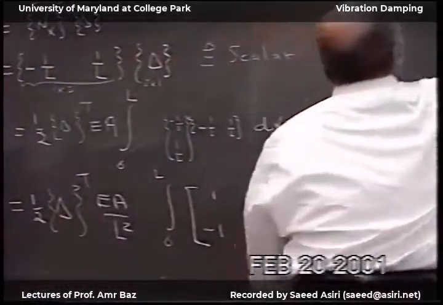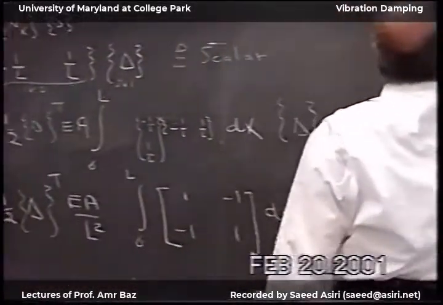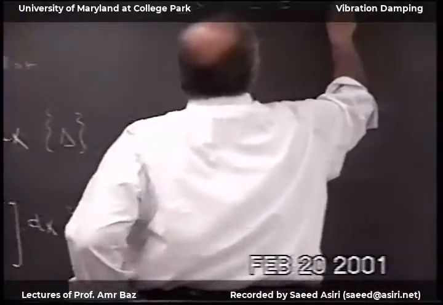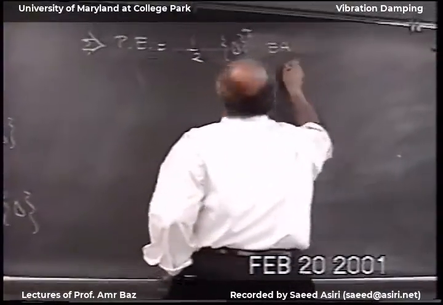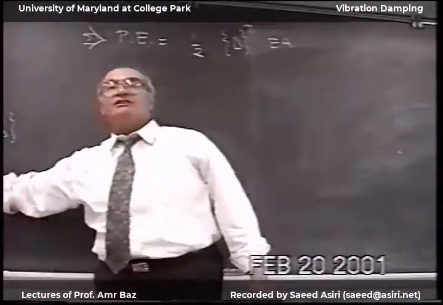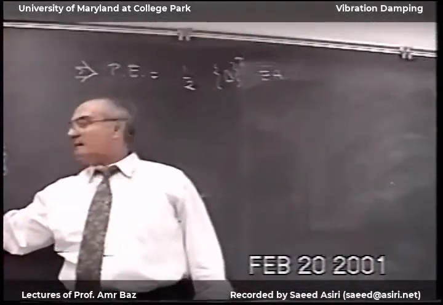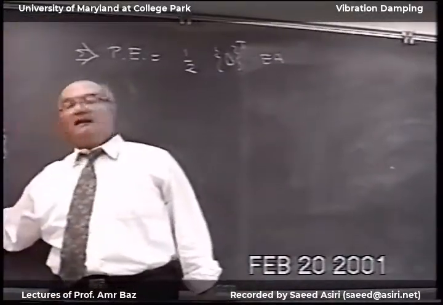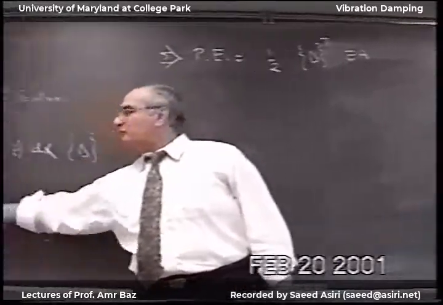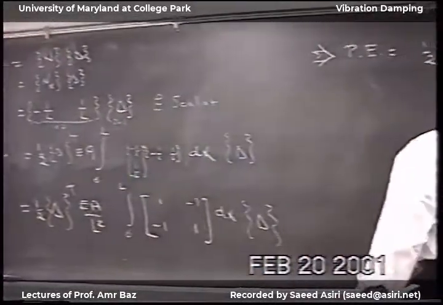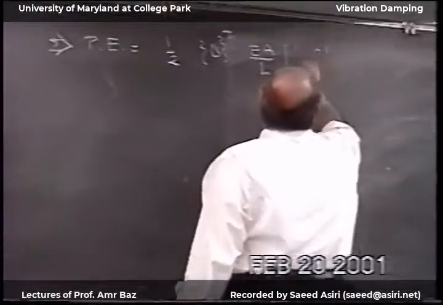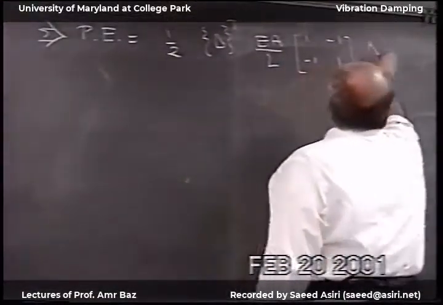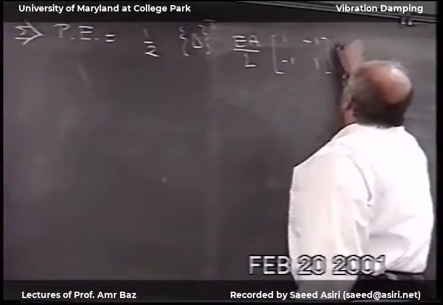So we have here the potential energy will equal 1/2 delta transpose EA. And when I do the integration of any of these terms, this would be X between the limits, so it becomes L. I'll factor out one of these L outside, so I'll have here EA over L, and then [1, -1; -1, 1], and delta.